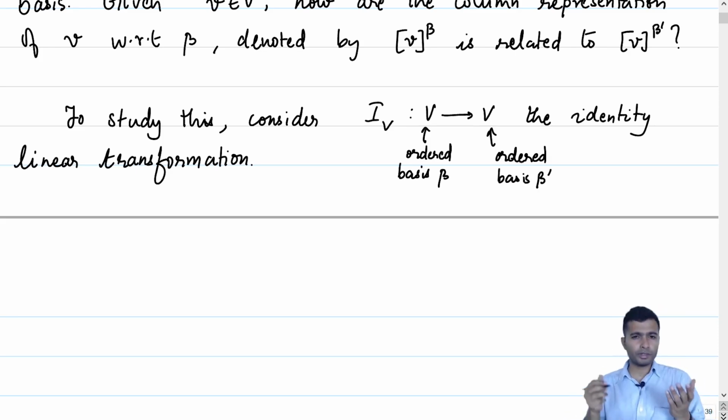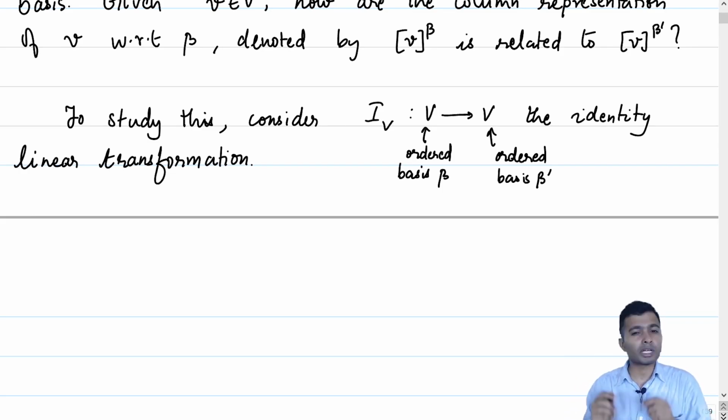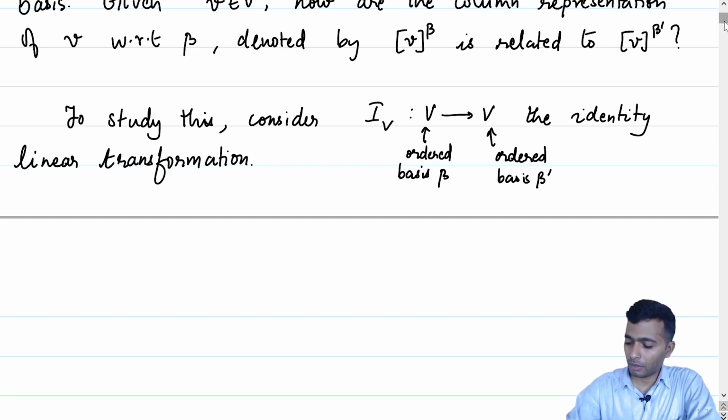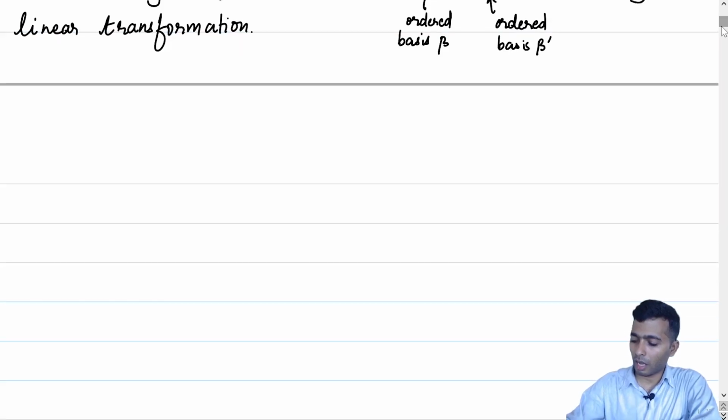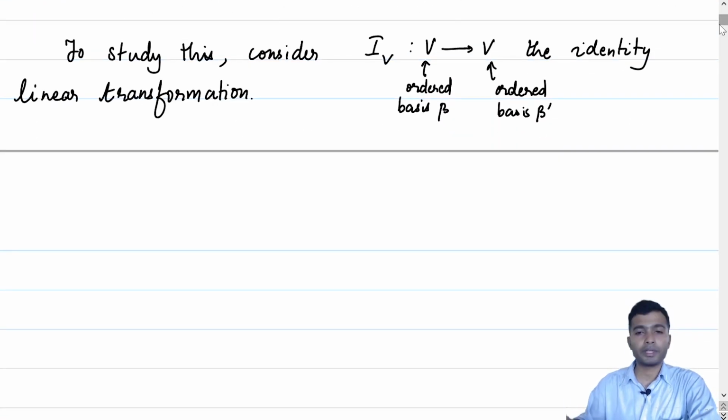So remember, for V and W, we have to fix a basis for V, we have to fix a basis for W, and then we would like to look at the matrix corresponding to these two bases, and that's precisely what we will do here. We would like to see how the matrix of identity with respect to beta and beta prime looks like.